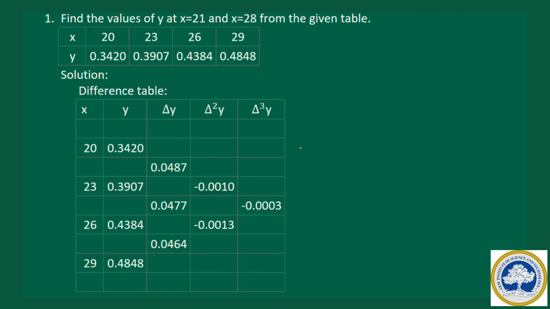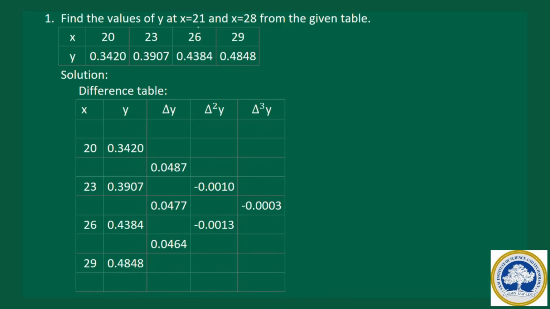So equal intervals means we are having only one method, that is called Newton's forward interpolation and Newton's backward interpolation. Why are we calling forward and backward? Why two different formulas? See, if you want to find a y value at x equal to 21, 21 is towards the beginning of the table, that is between 20 and 23. Similarly, if you want to find out for x equal to 28, 28 is towards the end of the table, that is between 26 and 29.